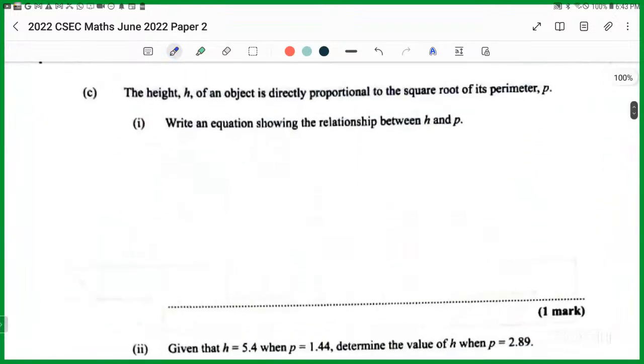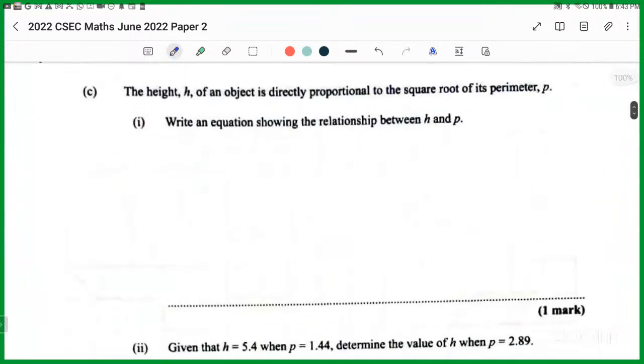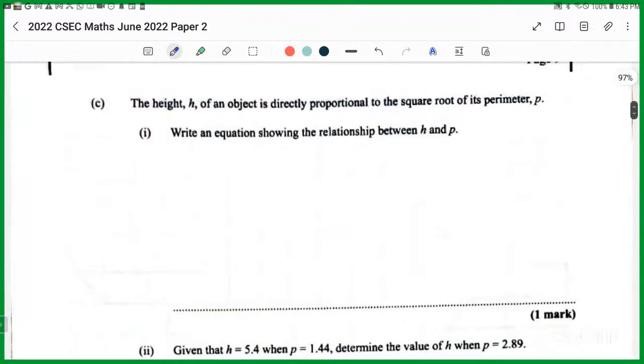Next question. It says, the height of an object is directly proportional to the square root of the perimeter. All right. So the first variable h is directly proportional, meaning k times the square root of this perimeter, which is the square root of p. That is it.